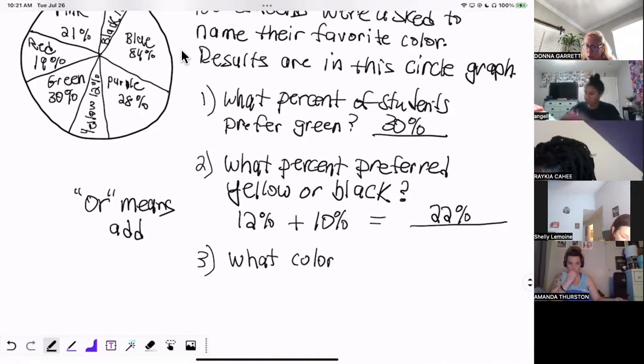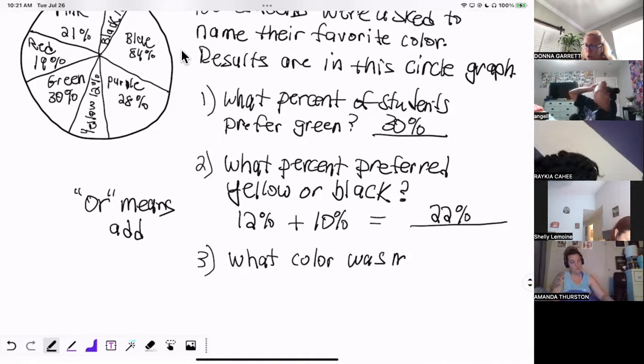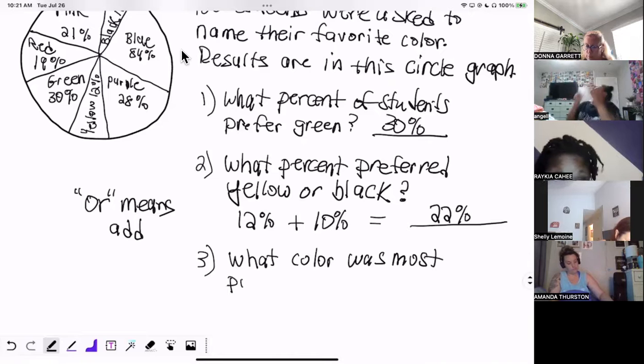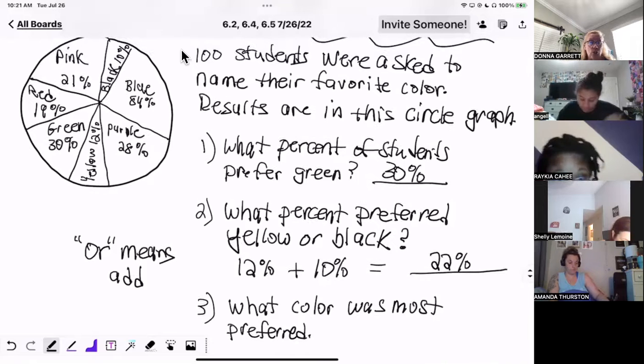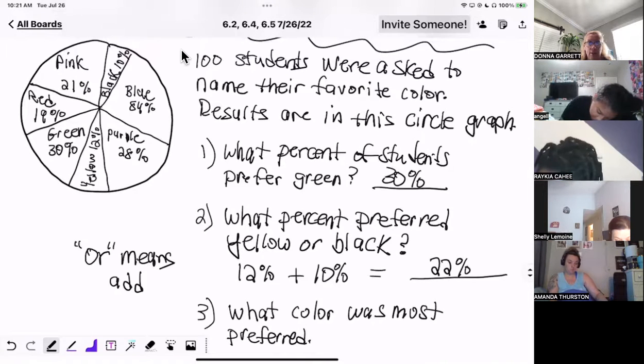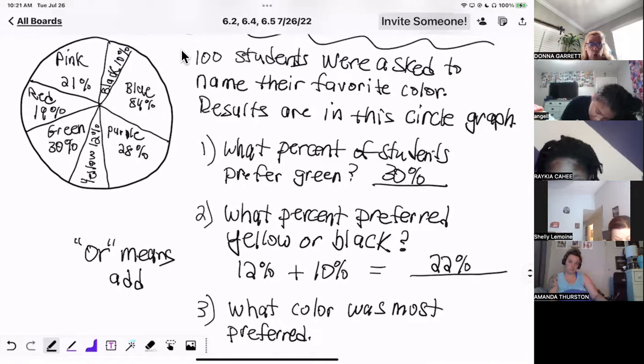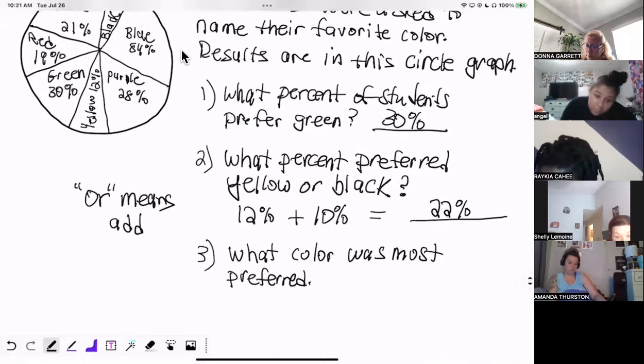What color was most preferred? I don't think my picture really accurately shows the size of each piece of the pie, but definitely blue, because 84%. Blue at 84%.